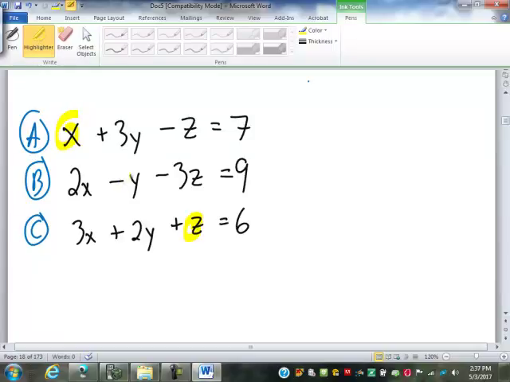Now, since it's just a negative, it wouldn't be too bad to solve for z or y in these equations either. But I'd stick with the positives. It makes less mistakes that way. But let's switch a little bit here. Rather than doing substitution in this one, we're going to do the elimination or the addition method.